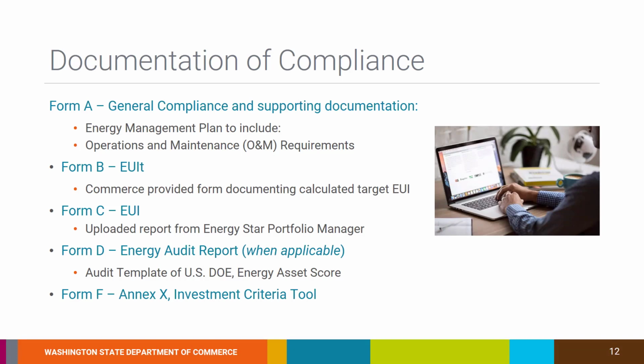Form C. This report is available in the Energy Star Portfolio Manager account and documents energy use intensity calculations, among other building characteristics. Buildings unable to measure EUI do not need to submit Form C. Form D. Form D is the WA Commerce Clean Buildings Report, available within the Department of Energy's Energy Asset Score tool, Audit template.